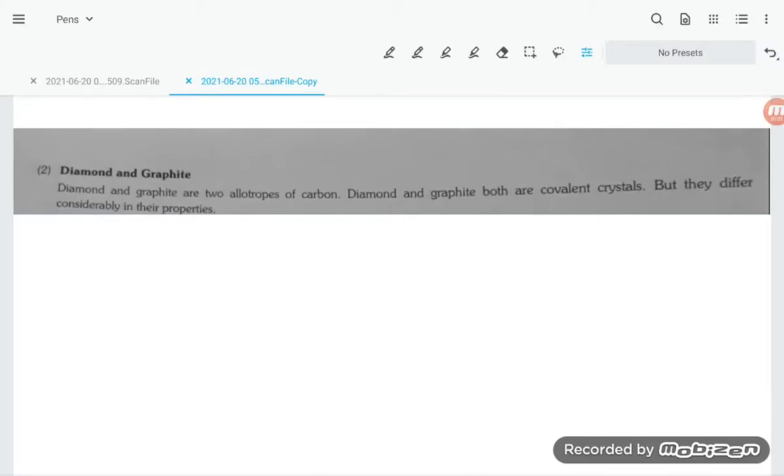Hello students, let us try to understand the difference between diamond and graphite. Both have the symbol C, carbon, they are allotropes of carbon.